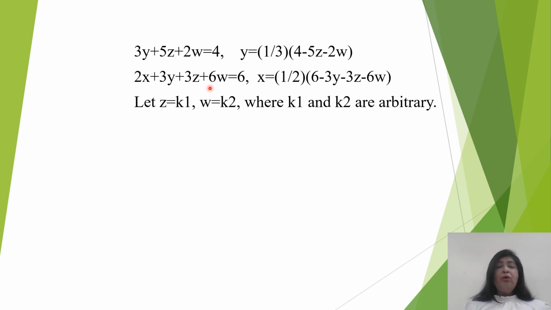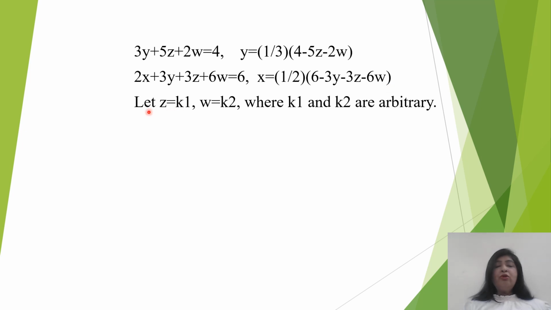Now I know the value of y. So I will substitute the value of y over here so as to find the value of x. So x will be 1 by 2 times 6 minus 3y minus 3z minus 6w. So substitute the value of y over here. We will get one equation in z and w variables.